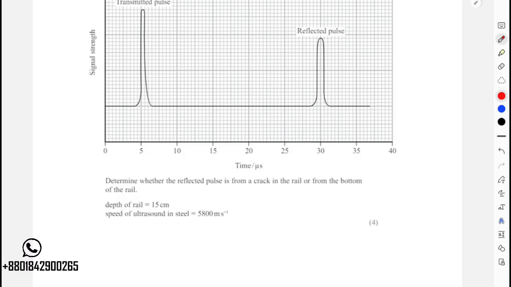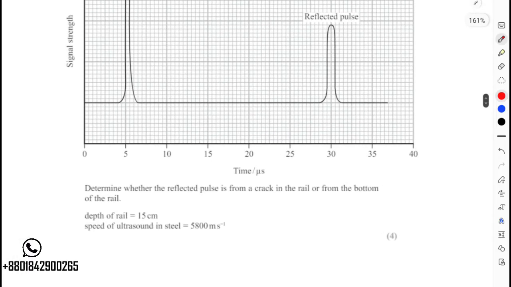Okay, let's just find out how much time there was between the transmitted pulse and the reflected pulse, measured in microseconds. This is approximately 6.5, and at the end it is 31.5. So the difference is 31.5 minus 6.5, which is 25 microseconds.